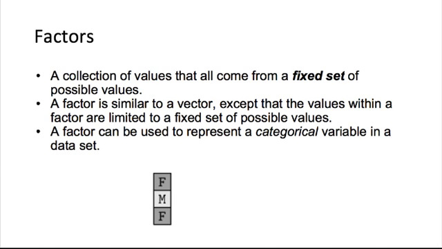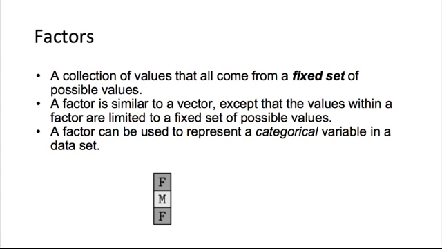So another data type that we have is known as a factor. Factors are actually quite interesting in that you can think of them as variables in R which take on a limited number of different values, right? Some people often call them categorical variables.